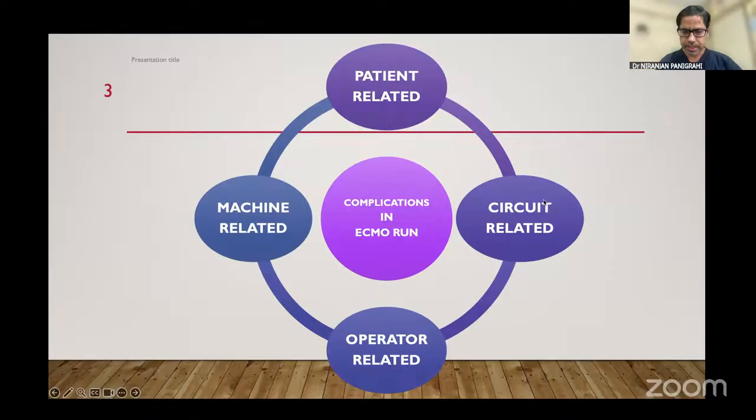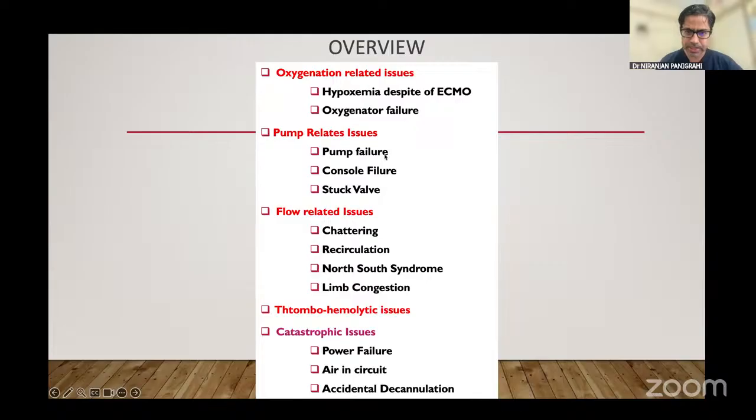Problems can also happen due to the operator: if the person at the bedside is not well versed with the patient's management, a few complications can come. So whenever we are trying to address them, the problems can come from any of these areas, and there should be a systematic approach.